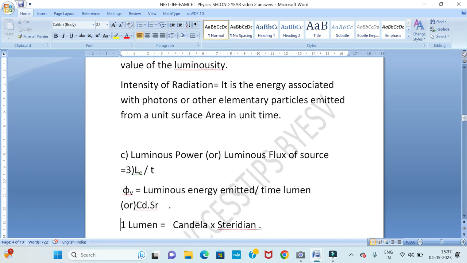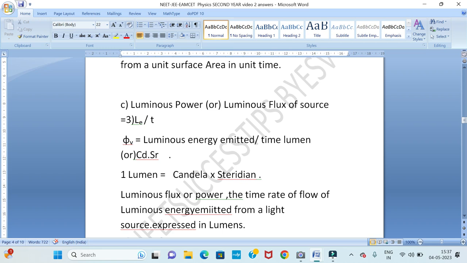Luminous power or luminous flux of the source is L E by T. L E, just now we learned, is luminous energy emitted, energy E by time. So luminous power or luminous flux of the source, phi E, is luminous energy emitted by time.